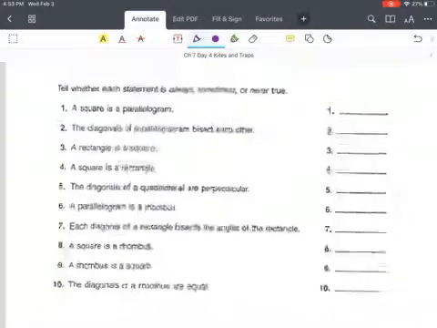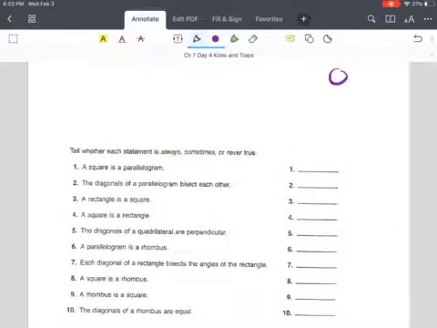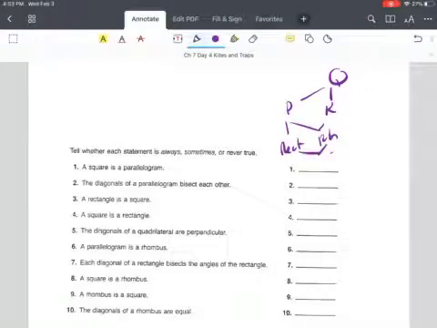A square always comes from, if we remember our quad family tree, so remember these shapes. Does a square always lead from a parallelogram? And the answer is yes, always.